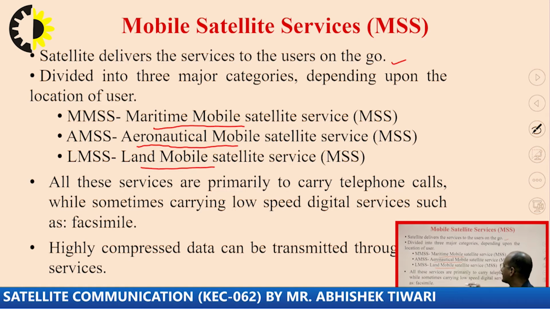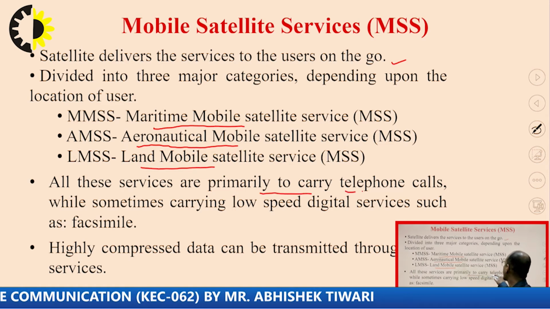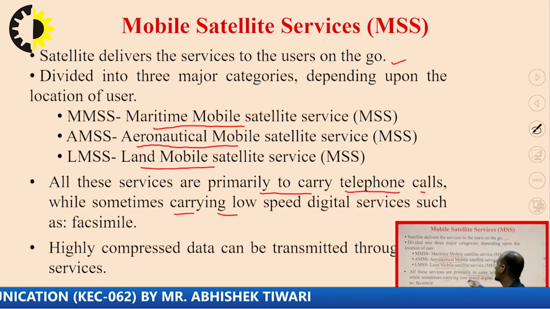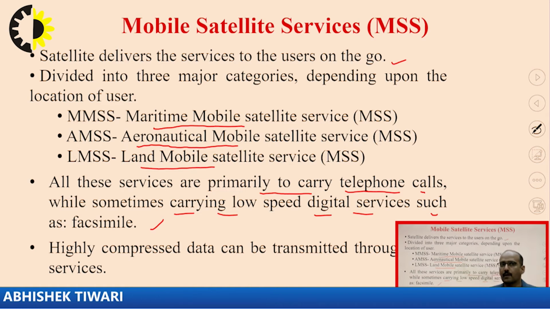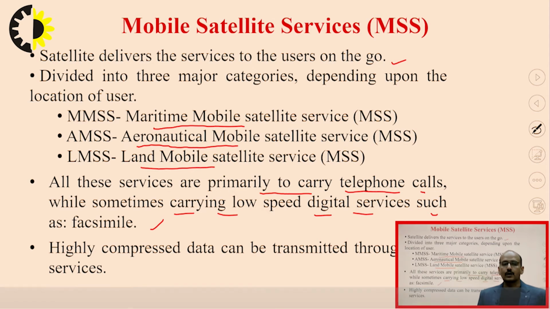All these services are primarily used to carry telephone calls, while sometimes carrying low speed digital services such as facsimile only. It means when we are talking about mobile satellite services, you are not going to use them for more uses. If you want to use the internet, you cannot use mobile satellite services.